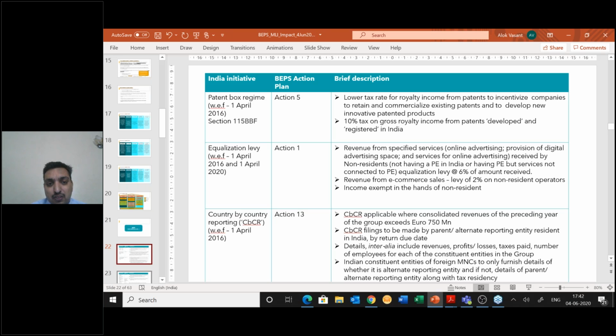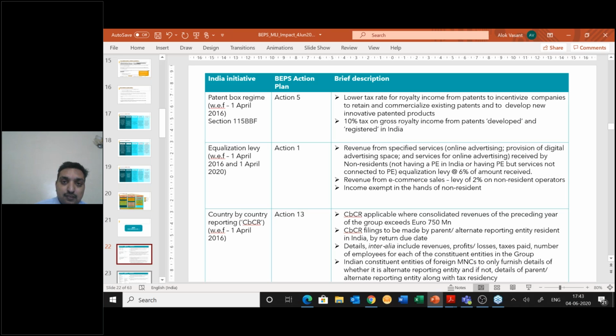And so the next issue which India did in its domestic law, the change which it made in its domestic law, is country by country reporting. So this is pursuant to Action 13. So the necessary changes in the domestic law have already been made, and I think it's been 2 years since the filings have been done.